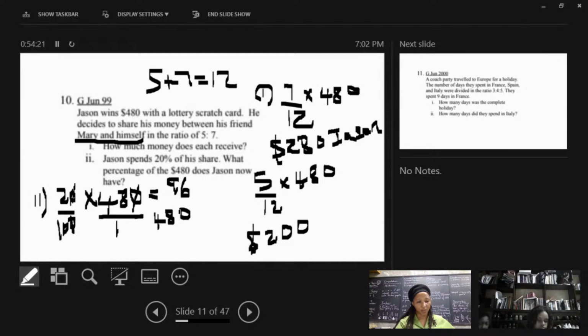Are you sure we need to go through all of this? Miss, because it says Jason spends 20% of the share. What percentage of the 480 does Jason now have? Miss found out how much money he got when he spent 20%.